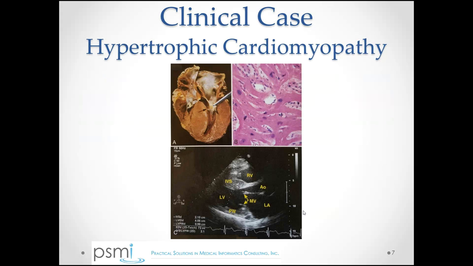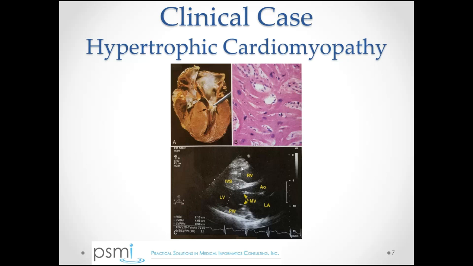Now we're shifting to our case of hypertrophic cardiomyopathy. Obviously these pictures are a compilation to illustrate the case. Our case today is a 30-year-old man that presents to clinic with shortness of breath, palpitations, and chest pain.